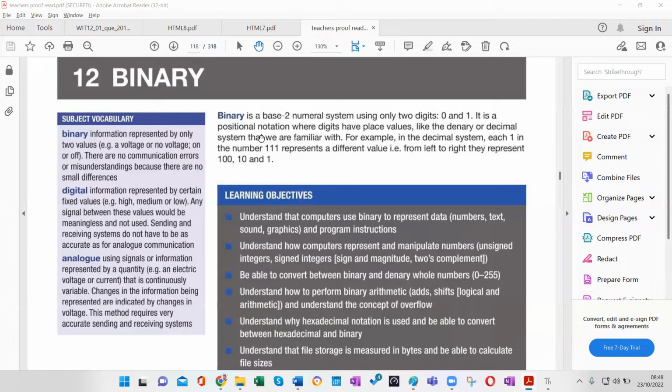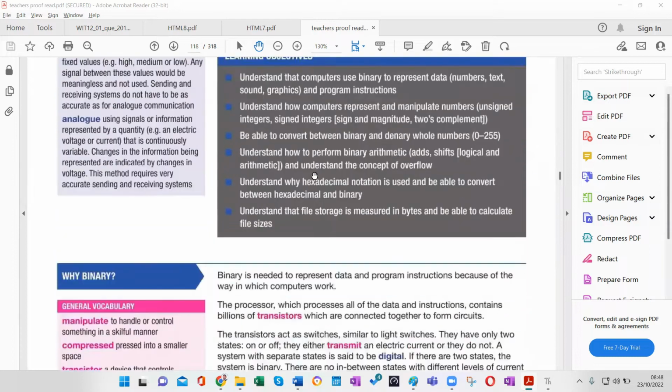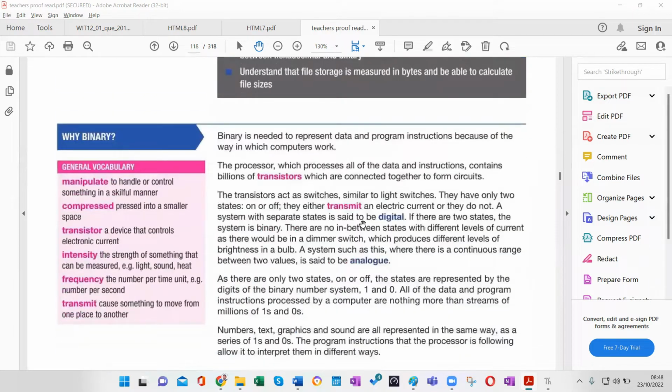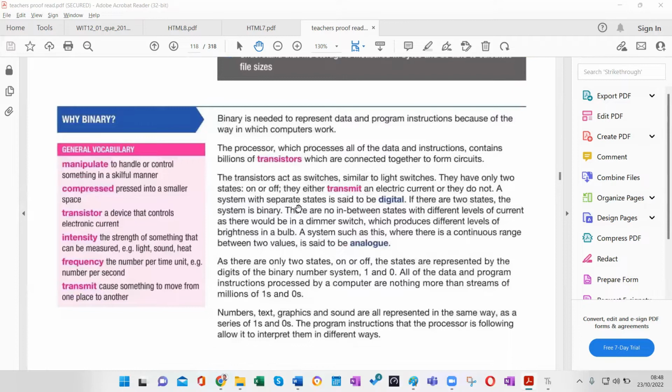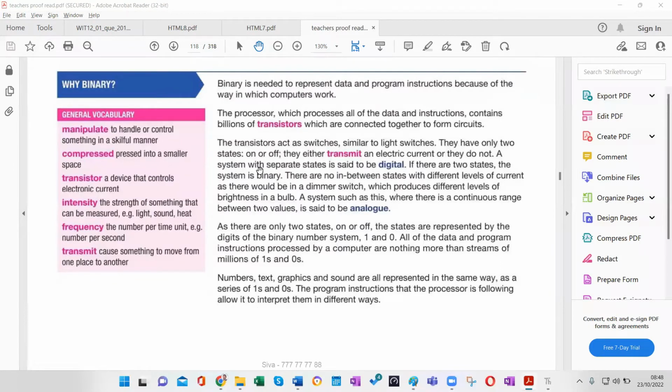In digital, binary is a number system where we have only two states. And you know the two states, it's either 0 or 1. So here we are going to talk about this binary number system. These binary numbers are represented inside the computer using electronic gadgets such as transistors, ICs, and microchips.